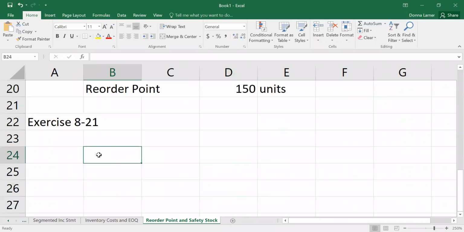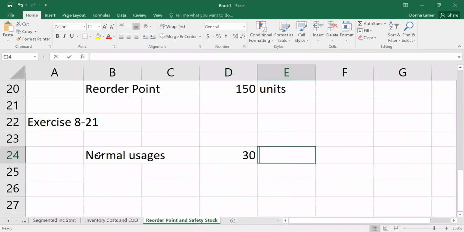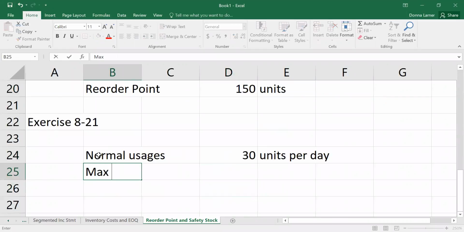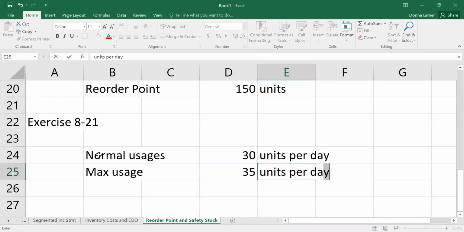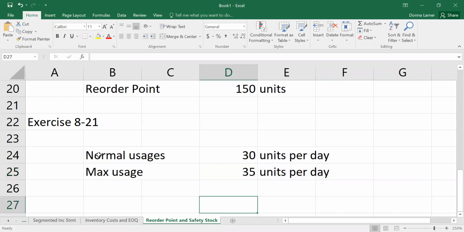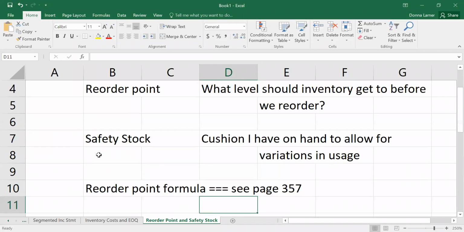And it says that the normal usage is 30 units per day. Maximum usage, we'll call that, those days when it goes over, could be as much as 35 units per day. And it still takes 5 days, so we didn't change the lead time.